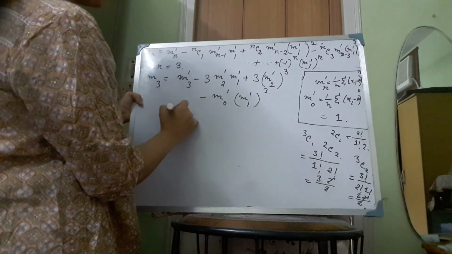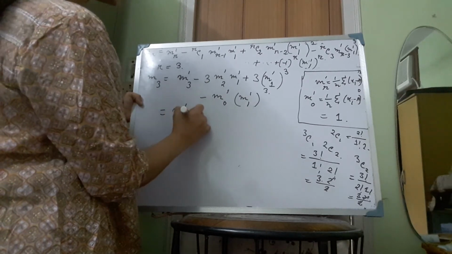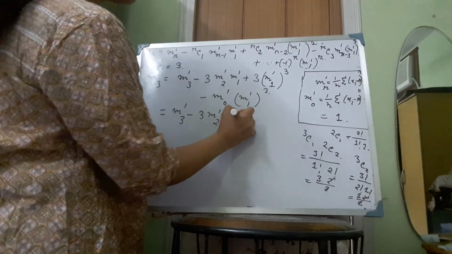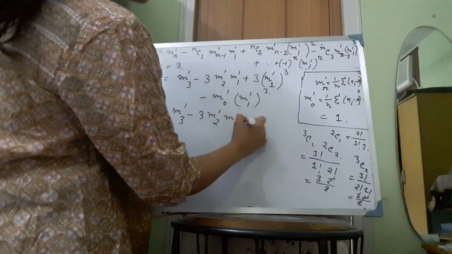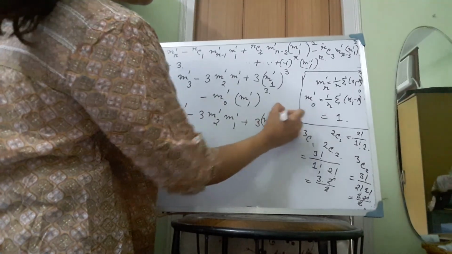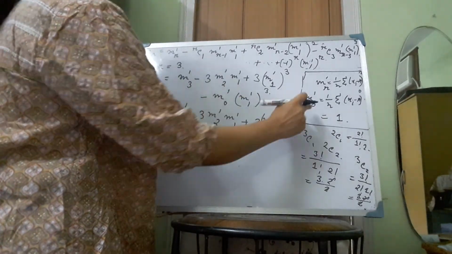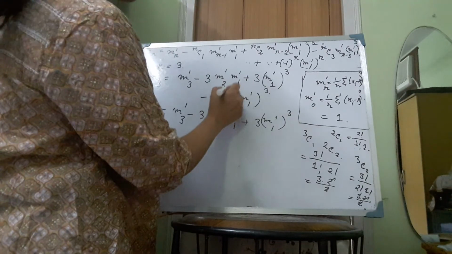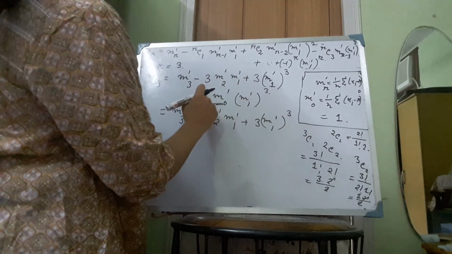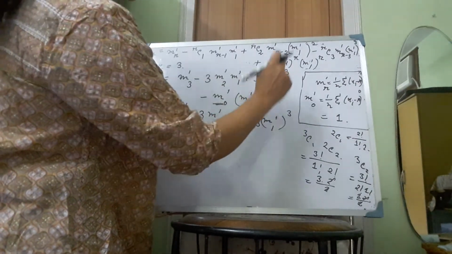Now we have to simplify this. So m3' minus 3 m2' m1', then plus 3 m1' whole cube. Now what is the value of m0'? It is 1. So here we can put the value 1. So in that case we will get minus 1 m1' cube.